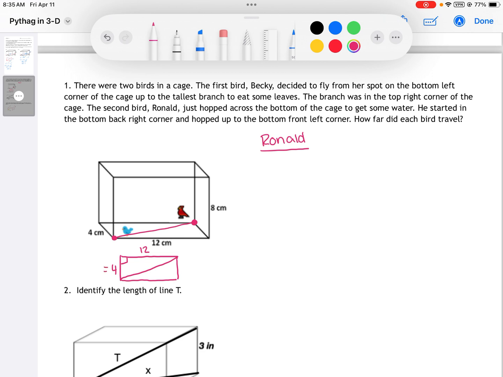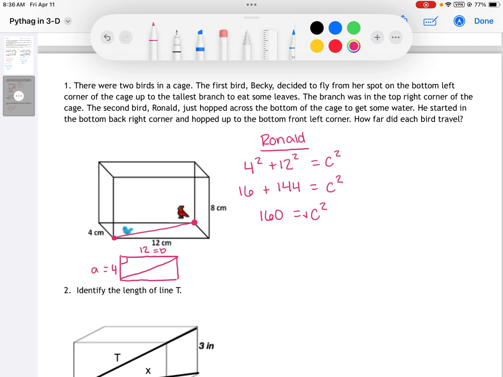If I say my A is 4 and my B is 12, I can find my C. So I have 4 squared plus 12 squared equals C squared. 4 squared is 16 plus 12 squared is 144 equals C squared. 16 plus 144 is 160 equals C squared.